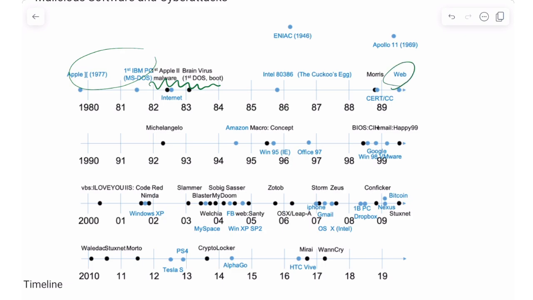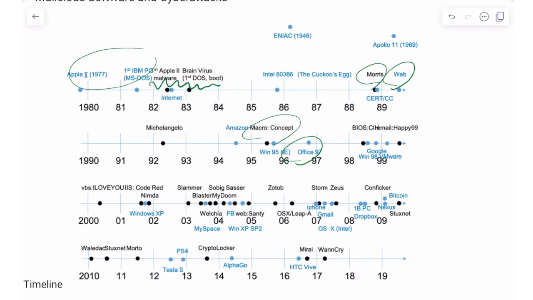For example, right here, after the web became popular, we have some web-based or internet-based malicious software. Okay, for example, here, after we have Microsoft Office 95, 97, it includes something important called macro.